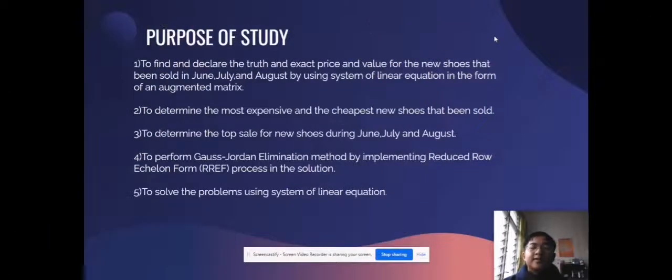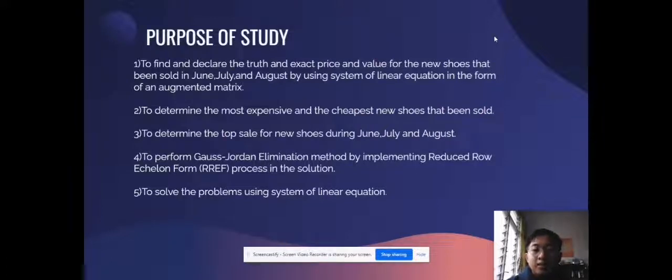Purpose of study. First, to find and declare the exact value and price for the new shoes that were sold in June, July, and August by using a system of linear equations in the form of an augmented matrix. Second, to determine the most expensive and the cheapest new shoes that we sold.